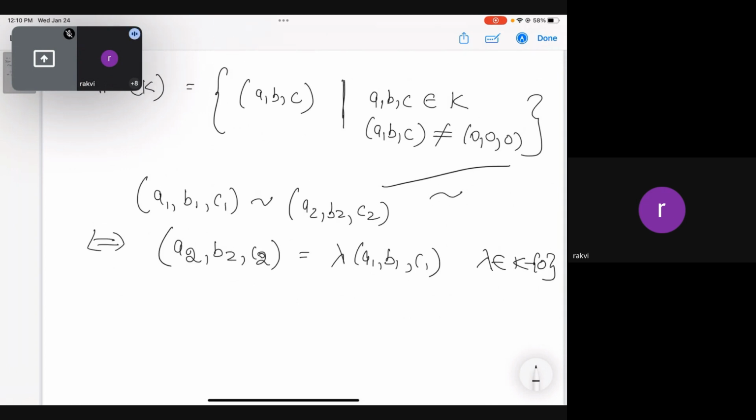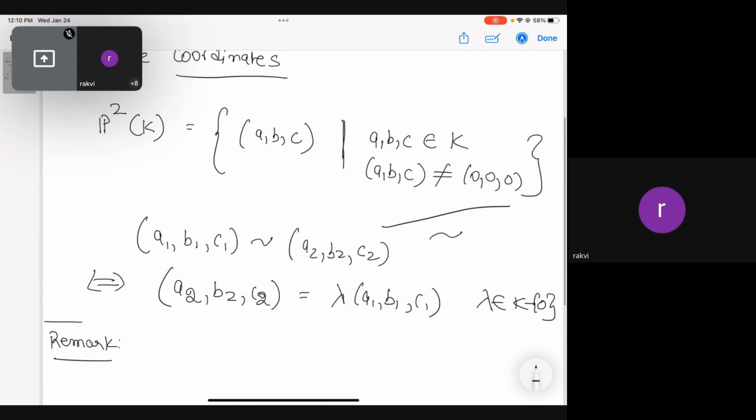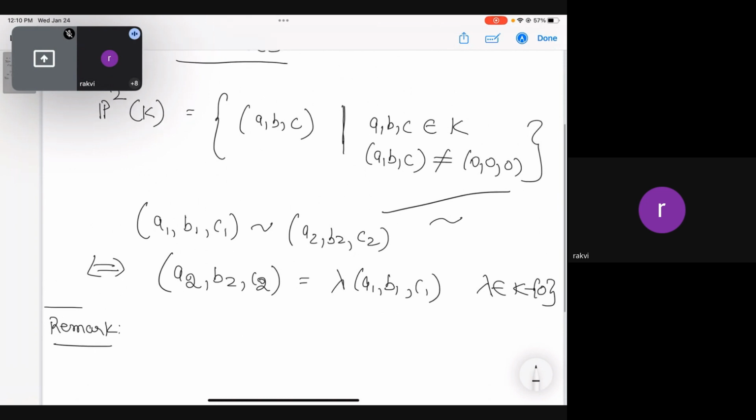Just a quick remark here. With this type of construction, obviously there is nothing special about 2 here. So the first remark is that this 2 can be replaced by any natural number.